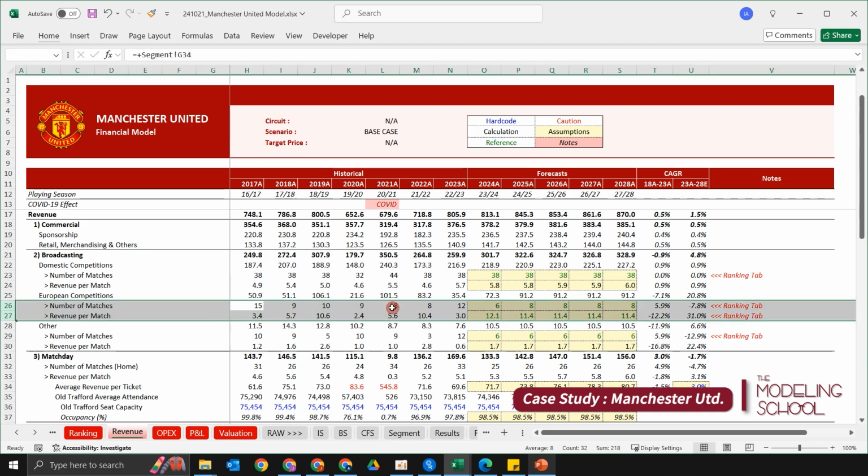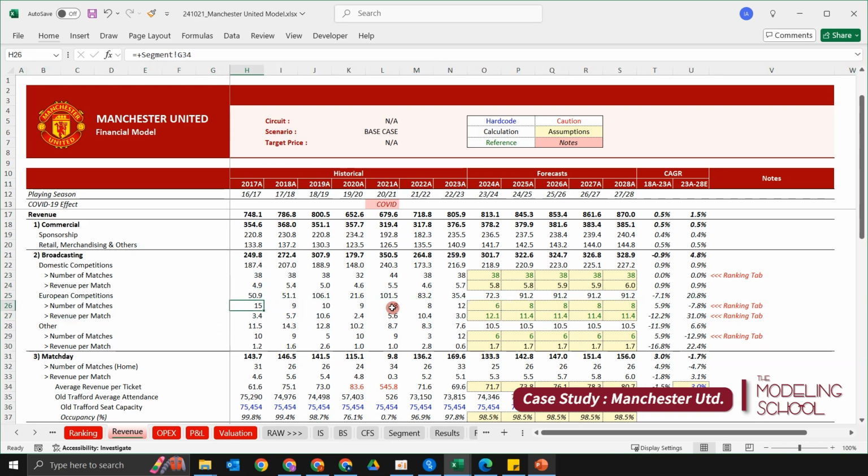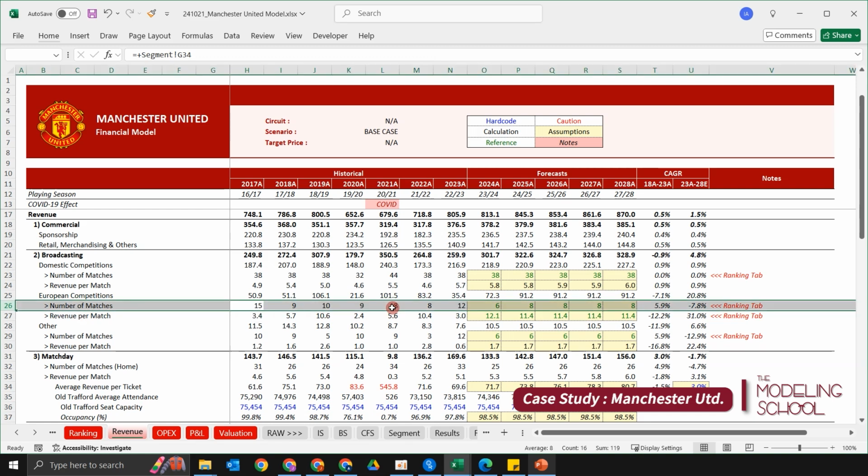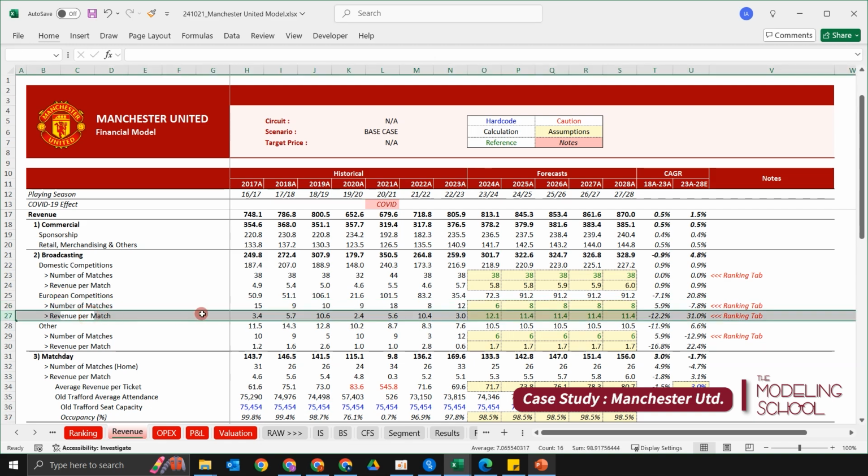But when it comes to European competitions, the interesting thing is that the number of matches first changes. It changes because this has a knockout component. So if you proceed further, you're going to have more matches. But if you get eliminated soon, you participate in a very small number of matches. So the number of matches differs, and plus the revenue per match also differs.